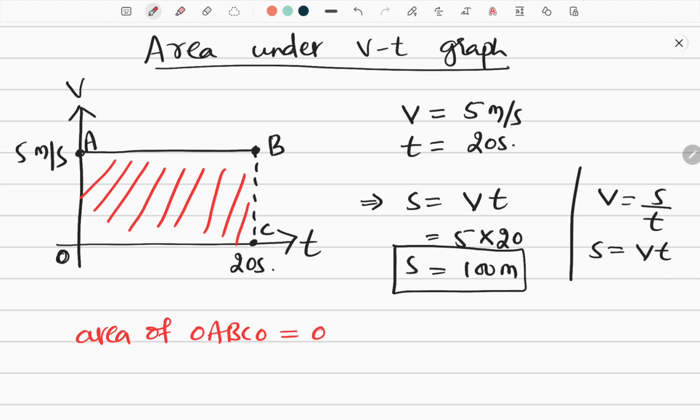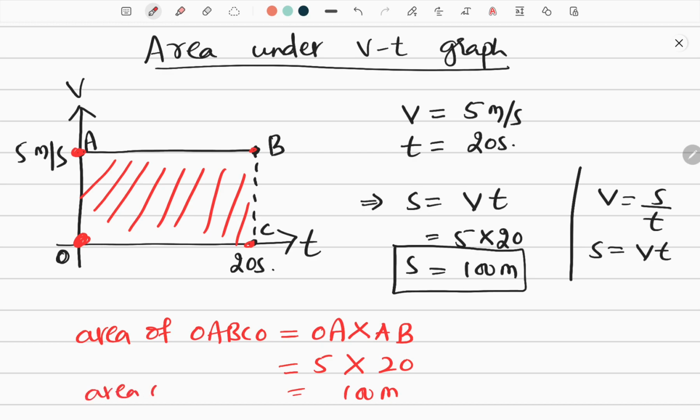The rectangle's area is length OA into breadth AB. OA is 5, and AB is there for 20 seconds, from this point to this point. This is OC, and the same is AB by symmetry. So that is 20. So 5 into 20 is 100 meter.